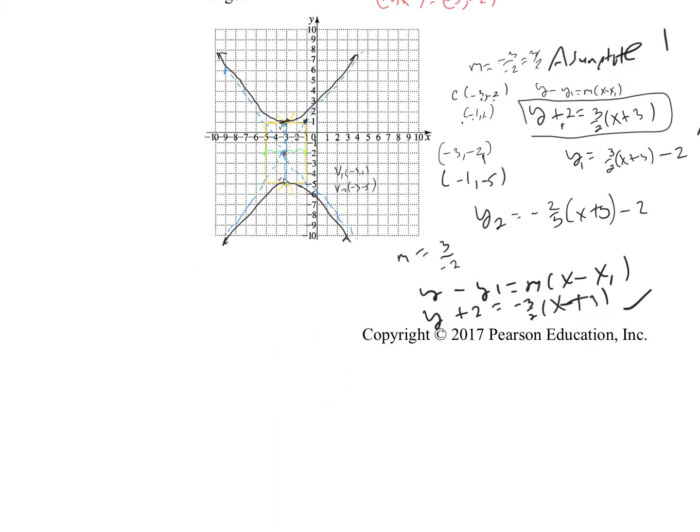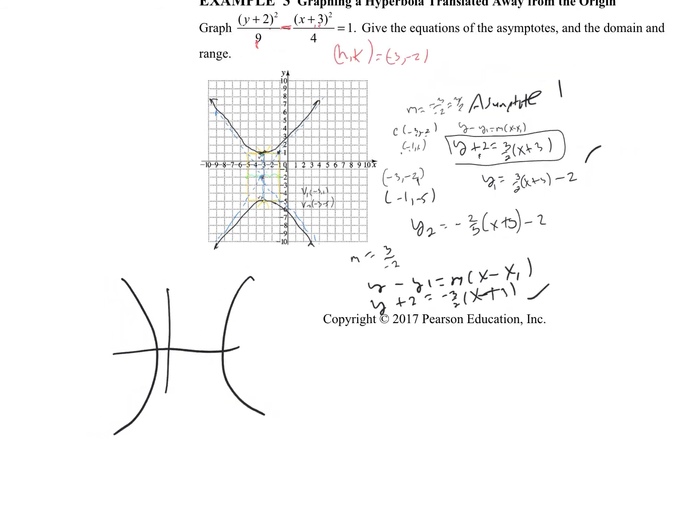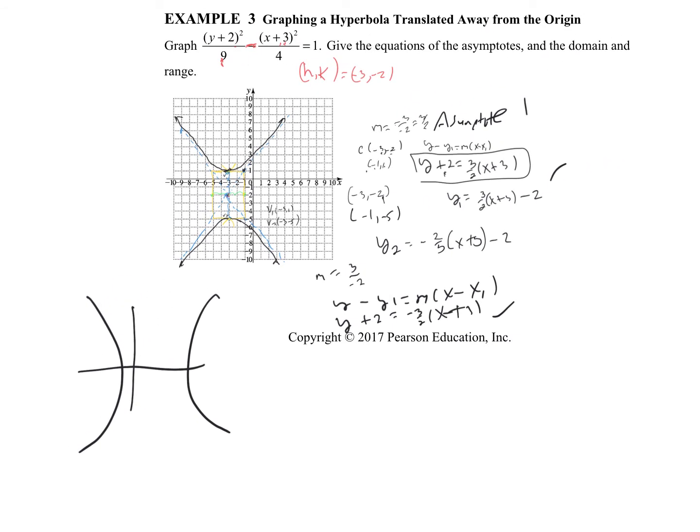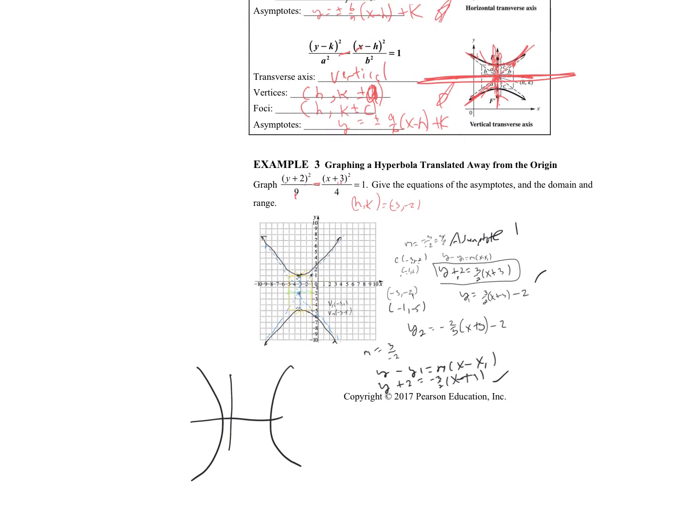If I was changing it to the vertical hyperbola, then that slope would be opposite. All right, okay, I was right, but yet I was thinking of two different hyperbolas. I'll take it and run.